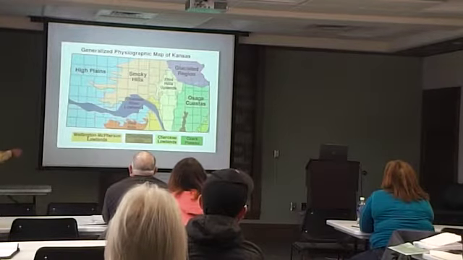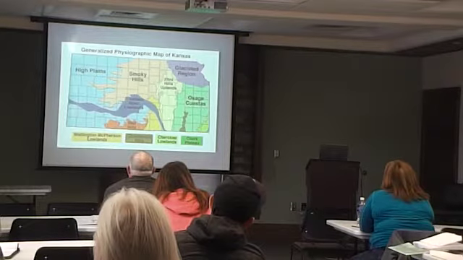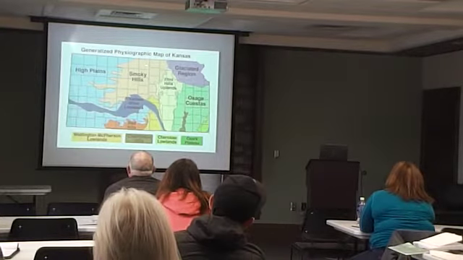Okay, so we're right here. So this is the Flint Hills, that's Permian in age. Smoky Hills, this red hills down here, that's Upper Permian. So this is Lower Permian, this is Upper Permian. Smoky Hills is the Cretaceous. And the High Plains is the Ogallala. Okay? So we're going to start here, and then there's the glaciated terrains which we'll end up with up here, which are Pleistocene. So we'll work our way across the state.